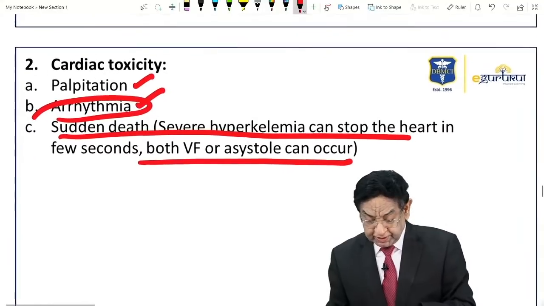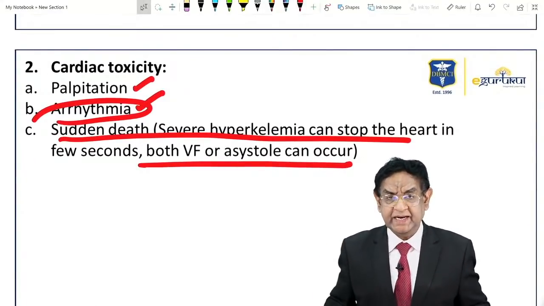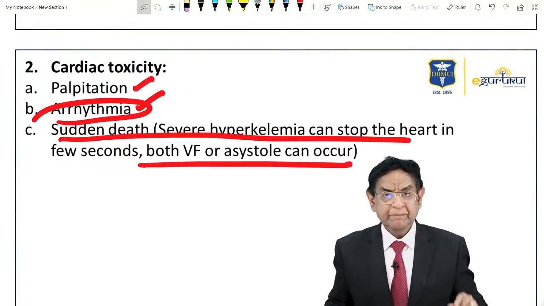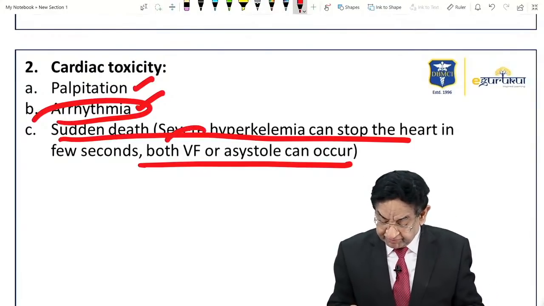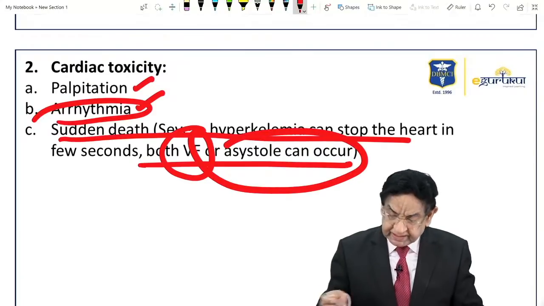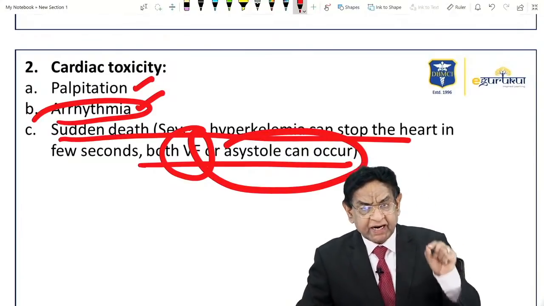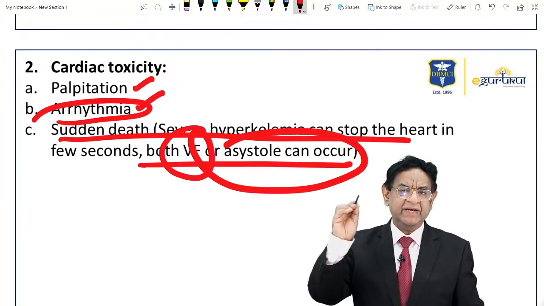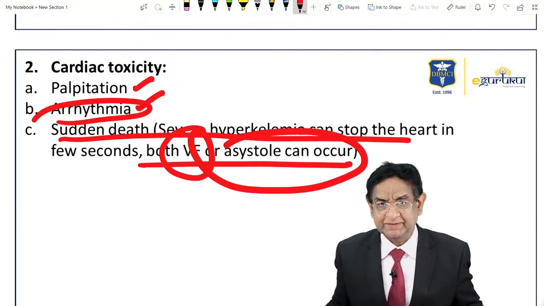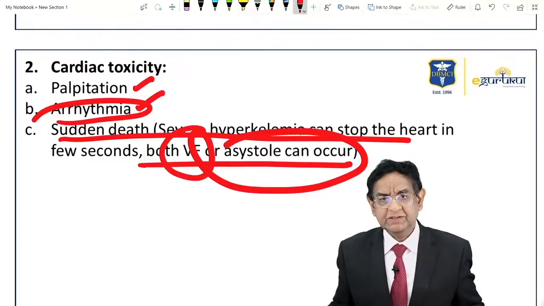Point to be noted, for this line only I added this question. A patient can have cardiac arrest in hyperkalemia, in ventricular fibrillation or asystole. Either can be there. In our case, we gave succinylcholine, hyperkalemia, and it went into ventricular fibrillation. Understood?